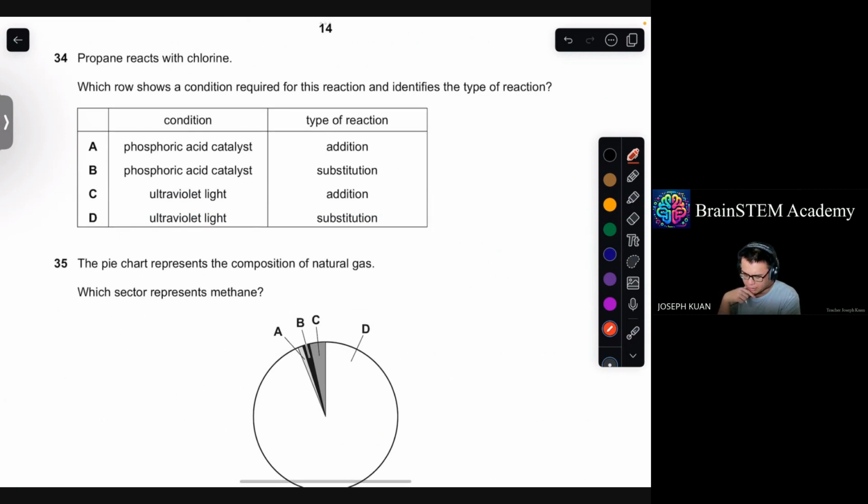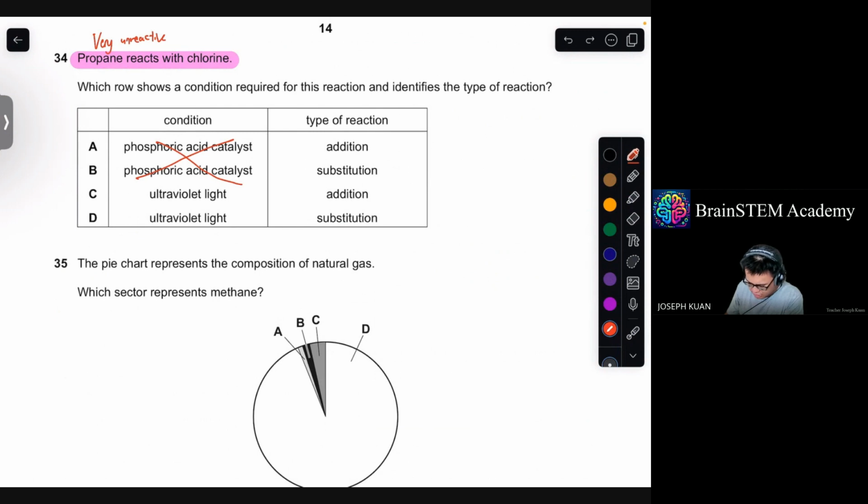Propane reacts with chlorine. Which row shows a condition required for this reaction and identifies the type of reaction? Alkanes can only react with chlorine in the presence of UV light, because alkanes are very unreactive unless you subject them to UV radiation.